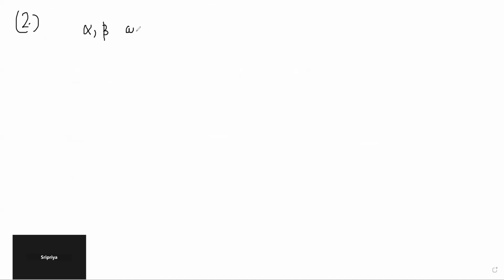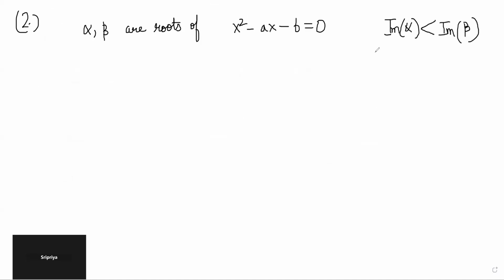Alpha, beta are roots of x square minus ax minus b. Imaginary part of alpha is less than imaginary part of beta. Let Pn be equal to alpha power n minus beta power n.